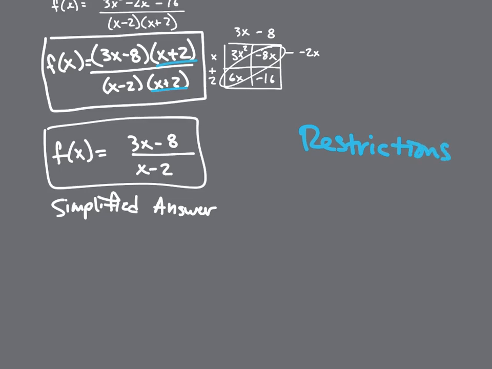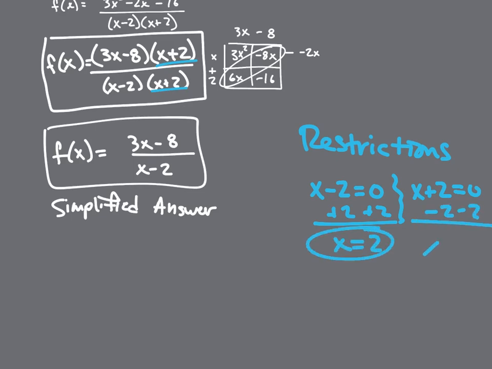What I want to do is take each part of my denominator, x minus 2, and set that equal to 0, and then take x plus 2 and set that equal to 0. From here, I add 2 to both sides, so I get that x is equal to 2. Here I subtract 2 from both sides, and I get x is equal to negative 2, okay? So the restrictions are these values, 2 and negative 2.